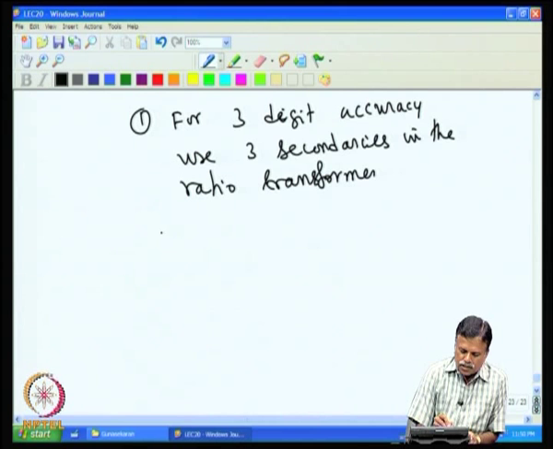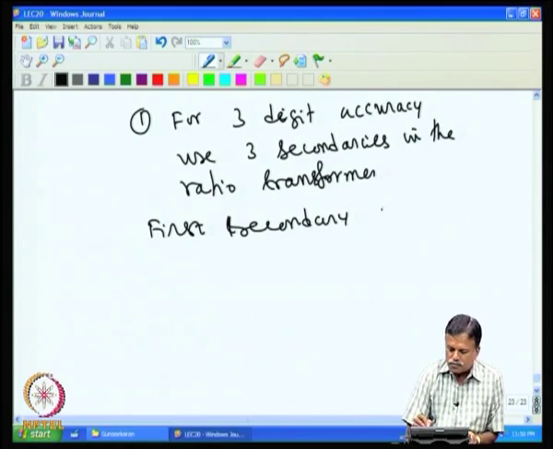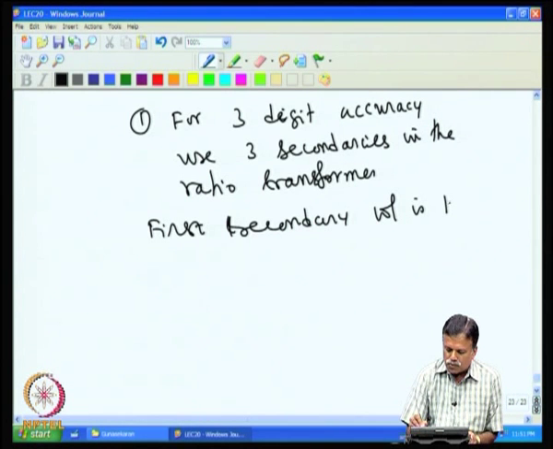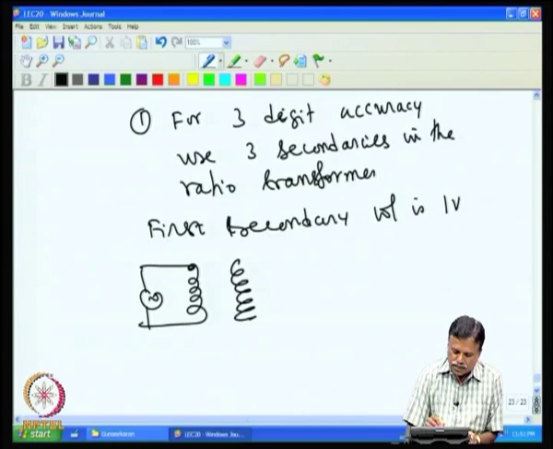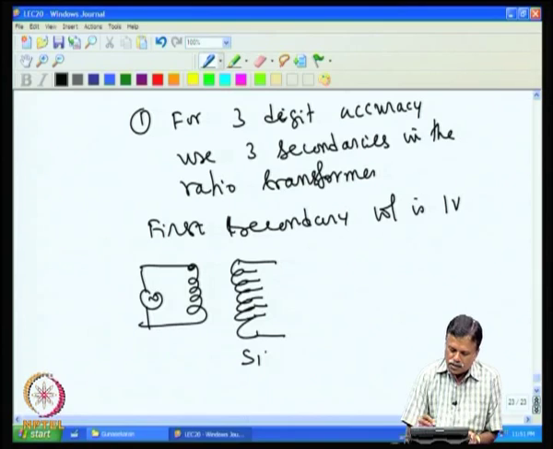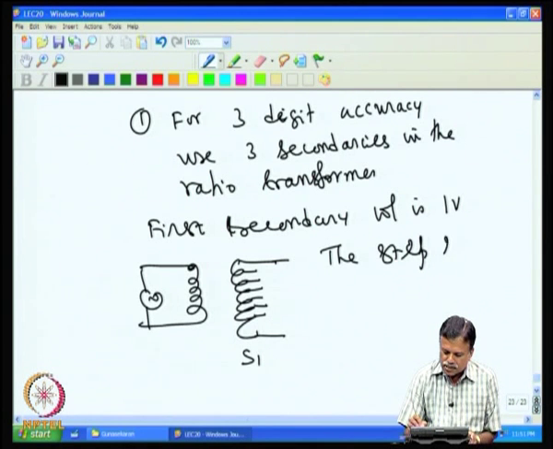First one, first transformer, first secondary voltage is 1 volt. This is because you have 1 volt in the primary and then you have 10 tenths, that is S1. First secondary voltage is 1 volt, the step size here is 0.1 volt.